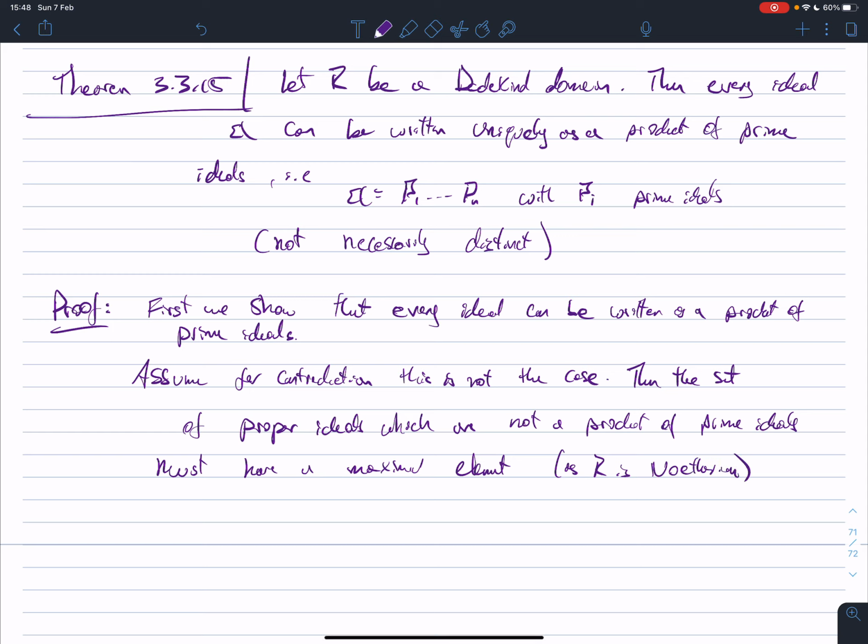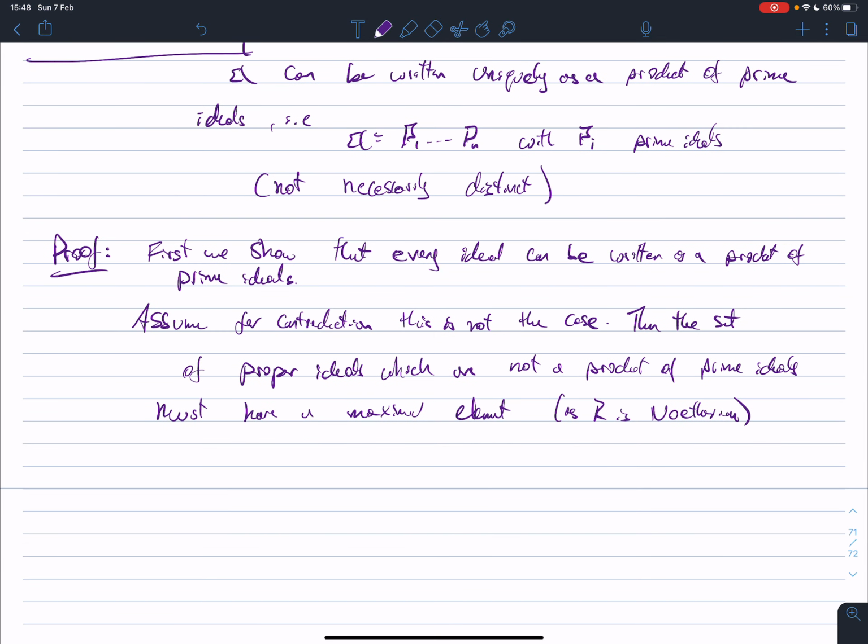This is the Noetherian part, the third equivalent definition of Noetherian again. So let B be this maximal element.